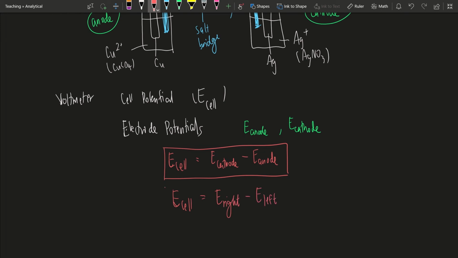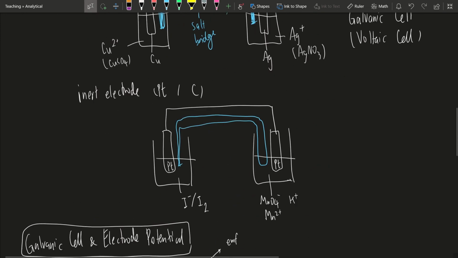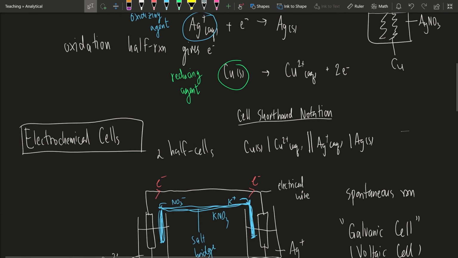This is the same thing, right minus left. And if we go back to the cell shorthand notation, this is left and this is right. And we already see here that the copper, which is on the left, is the anode.